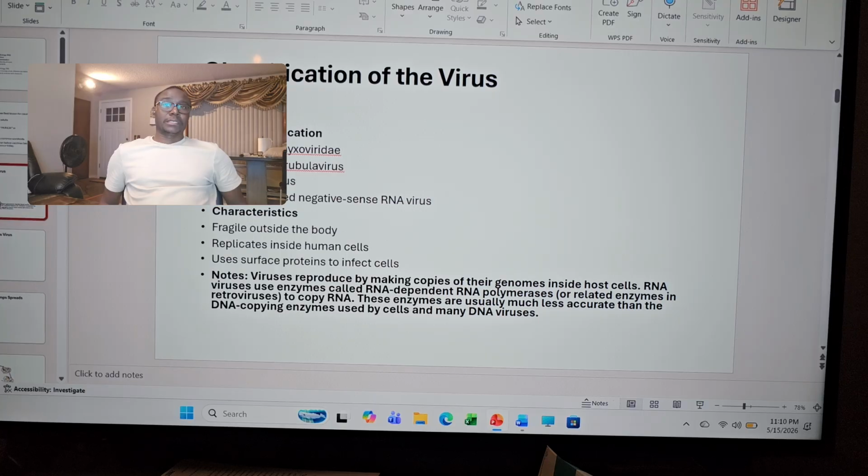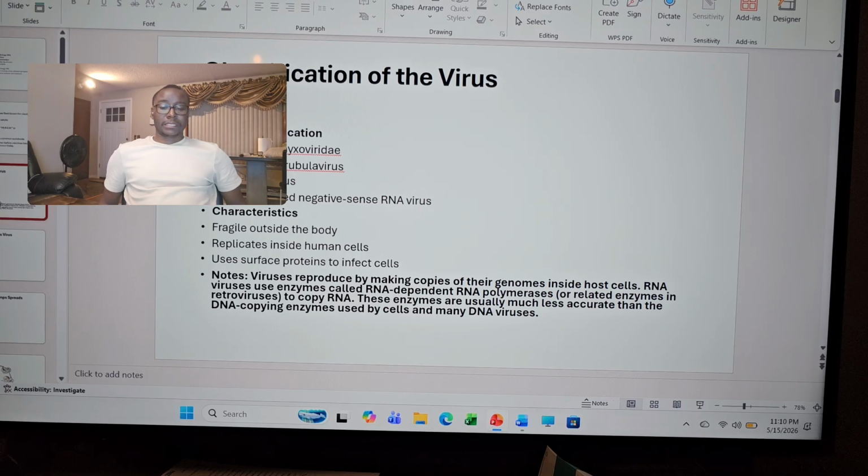Some of the characteristics: it's fragile outside the body, replicates inside human cells, and uses surface proteins to infect cells. Viruses reproduce by making copies of their genome inside the host cell.